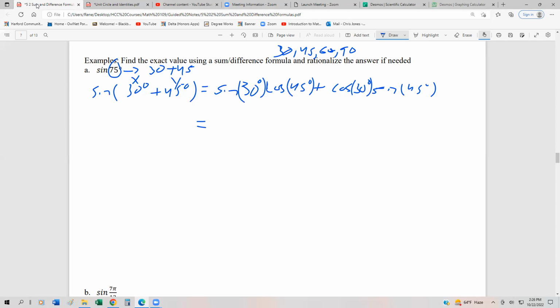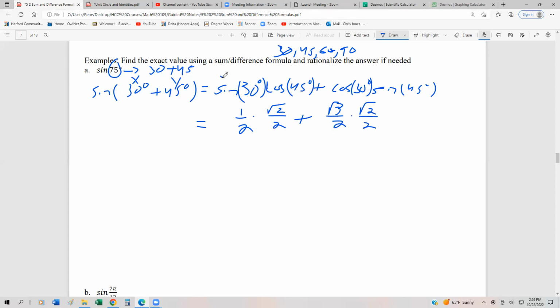Remember, the sine of 30 degrees is 1/2. The cosine of 45 degrees is root 2 over 2. The cosine of 30 degrees is root 3 over 2. And then finally, sine of 45 degrees is root 2 over 2. Again, all you do is look in the unit circle.